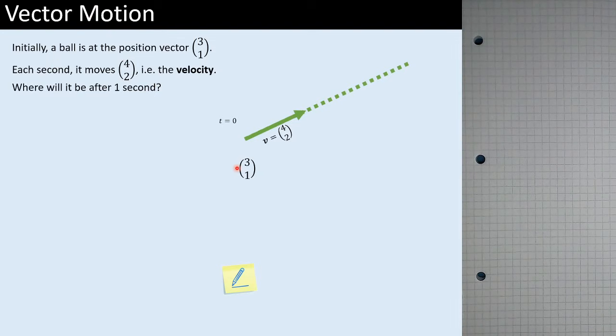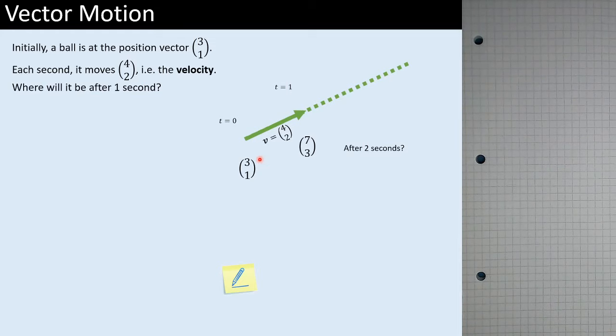Okay, so if we have this, where would it be after 1 second? Well, after 1 second, it will have moved 4, 2 on top of 3, 1. Okay, so it will have moved to 7, 3.